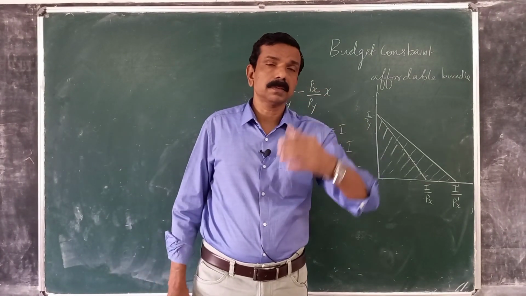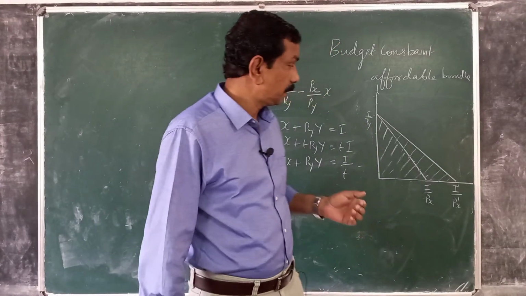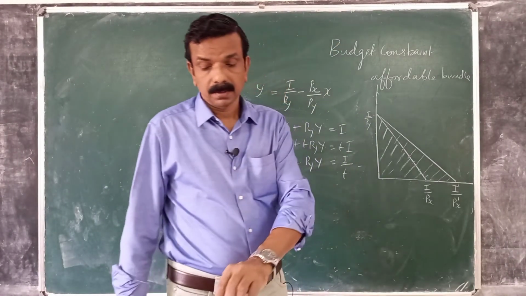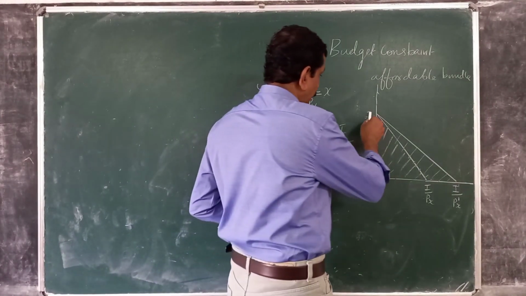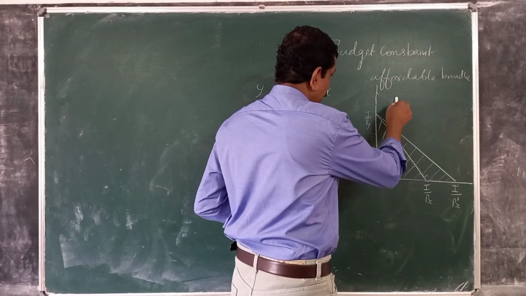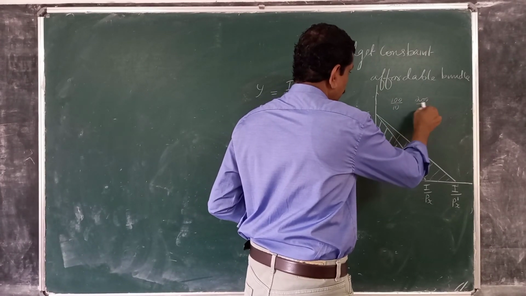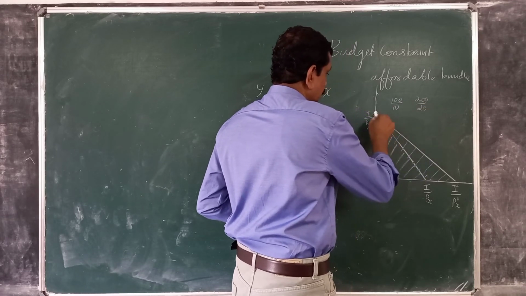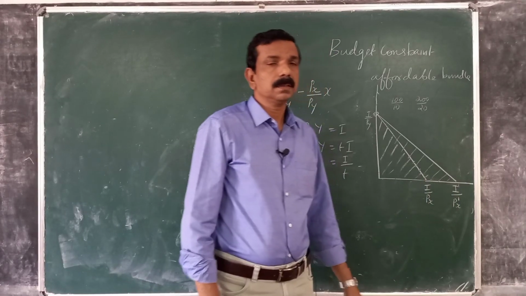Prices will be doubled, income is also doubled, so the budget line will remain the same. For example, I by p from say 100 by 10 becomes 200 by 20. The vertical intercept is the same. The same is true for the horizontal intercept.